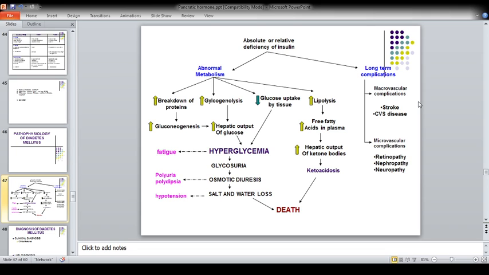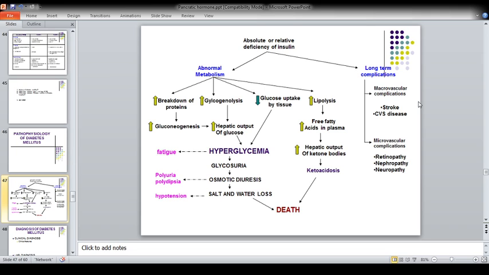Moreover, there would be increased glucose excretion in the urine, that is known as glycosuria. So when there is increased glucose that needs to be excreted by urine, the kidneys have to work more, produce more urine, and that would cause frequent urination, which is known as osmotic diuresis.